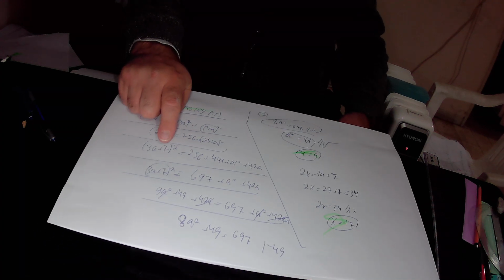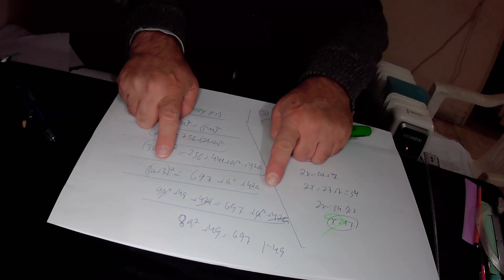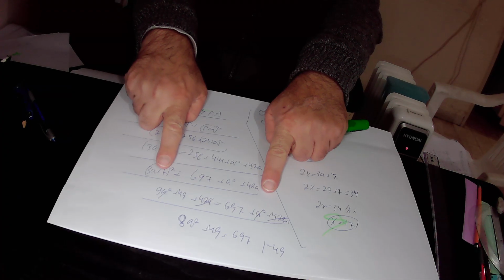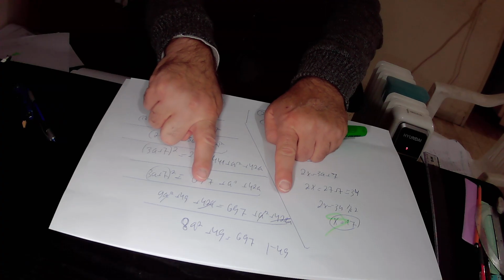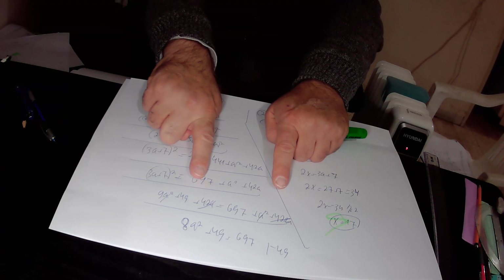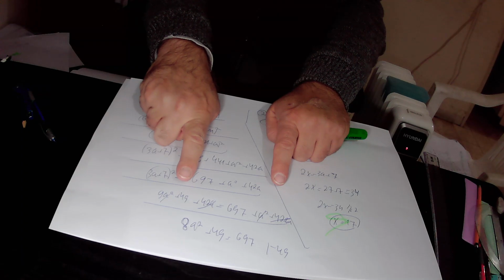Here we subtract a squared from the equation, so 9a squared minus a squared is 8a squared. We have 42a on both sides of this equation, so 42a will get cancelled. So in total we found out that 8a squared equals 697 minus 49.